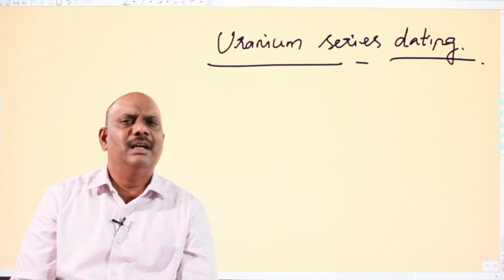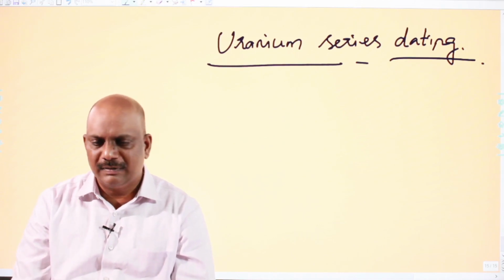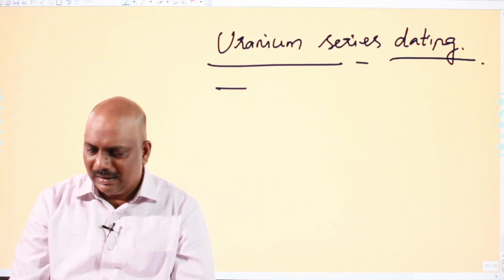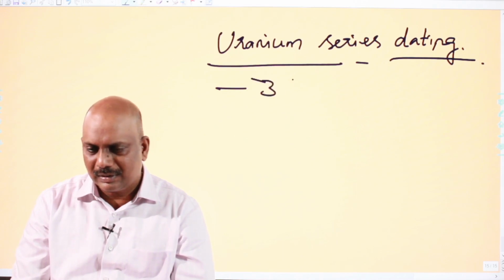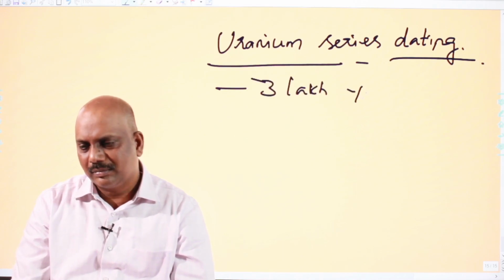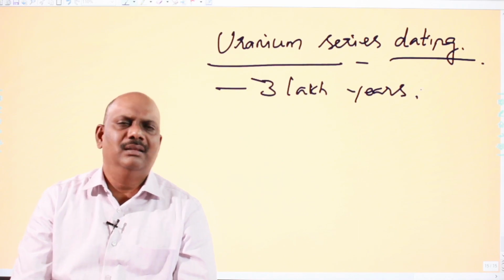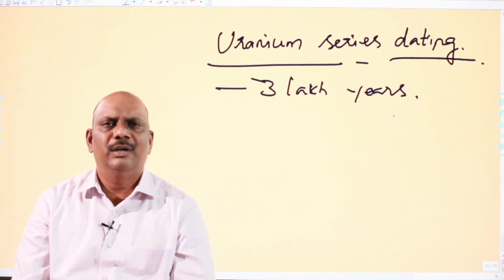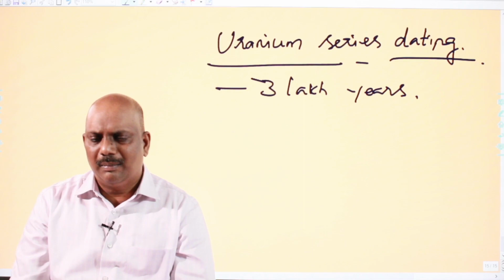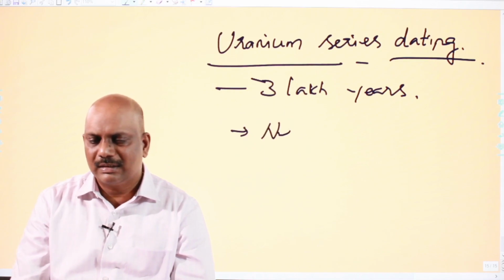So this technique can be used to date fossils which are less than 3 lakh years old. And this technique was widely used in Europe to date most of the Neanderthal fossils.